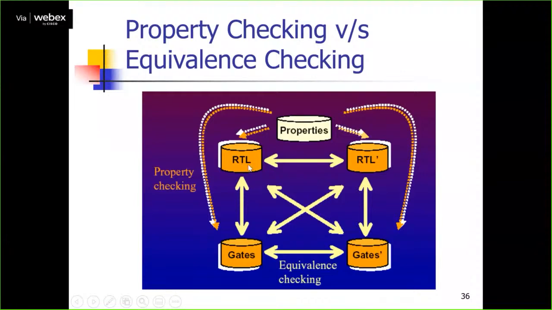If it is fully property checked, you can have the property checking at the gate level, etc. In equivalence checking, you check RTL to RTL, RTL to gate, gate to gate, and gate to RTL, to make your design proved for its equivalence.